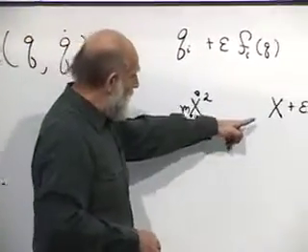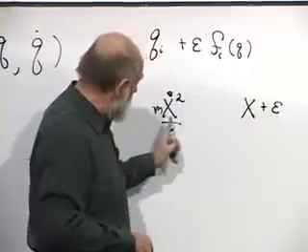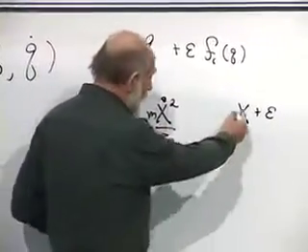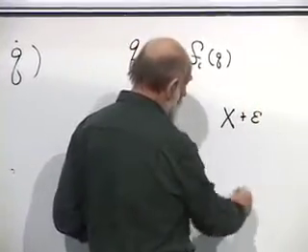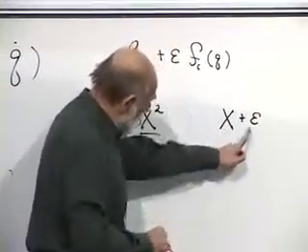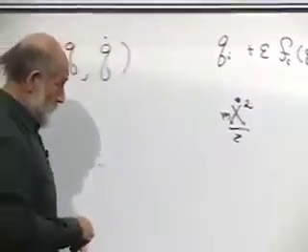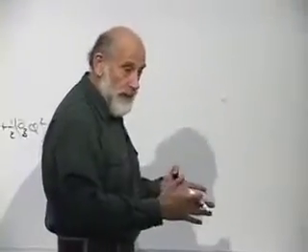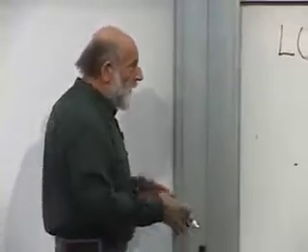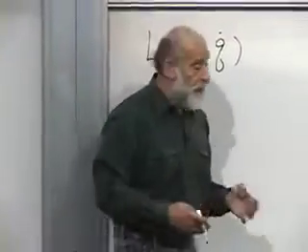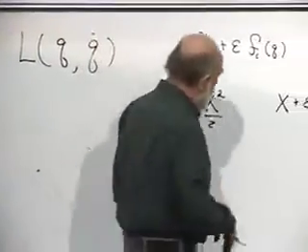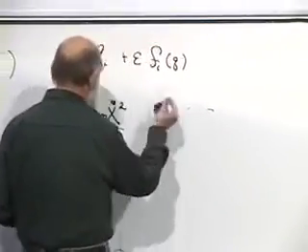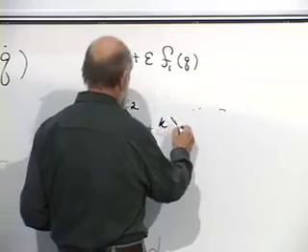If I shift x by a constant amount, it does not change x dot. It doesn't change the velocity. The change in the velocity is 0 because epsilon doesn't depend on time. So the Lagrangian doesn't change if you shift x a little bit. That's one example. Supposing I had added, let's make it a harmonic oscillator, k x squared over 2.